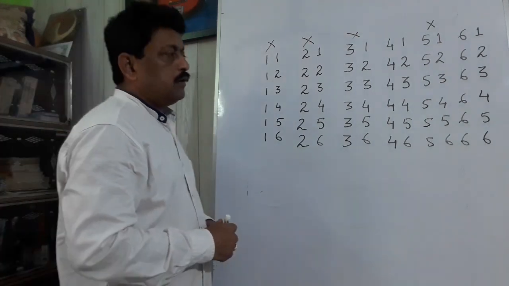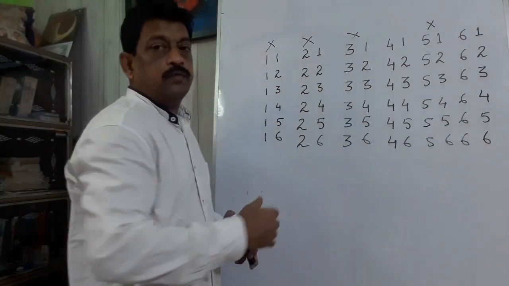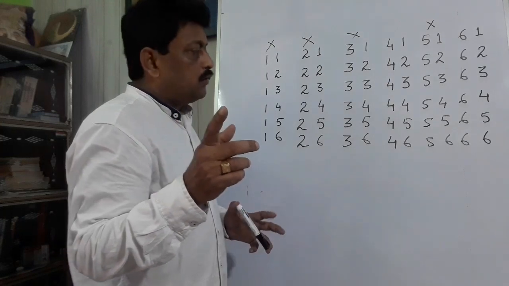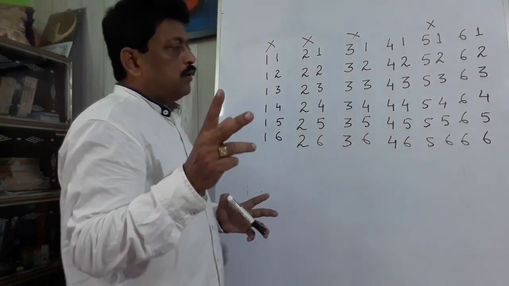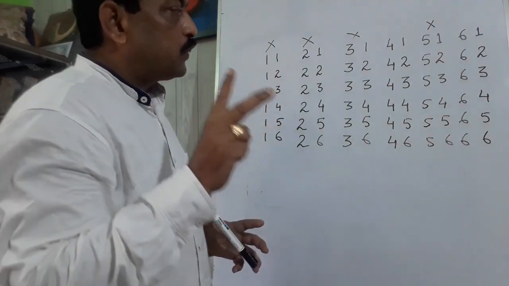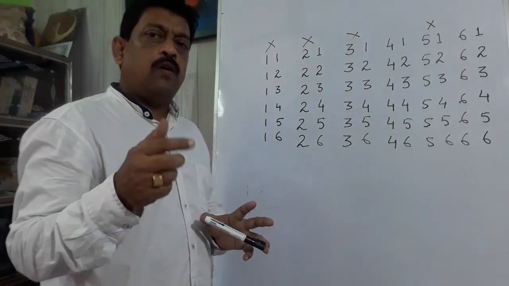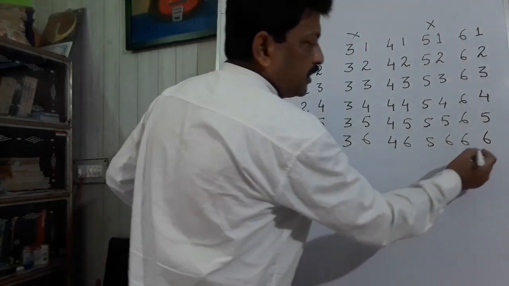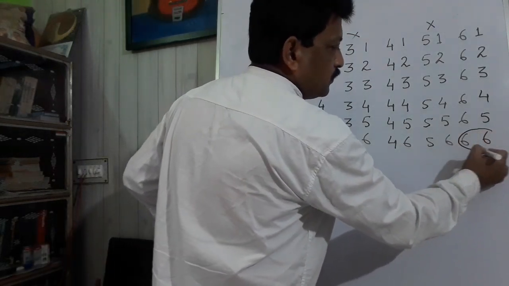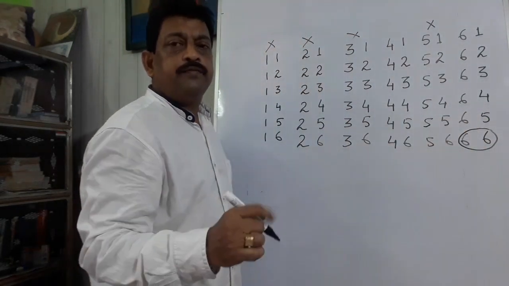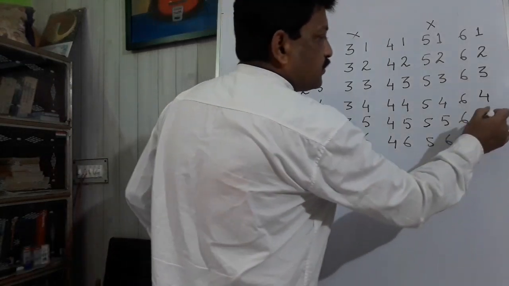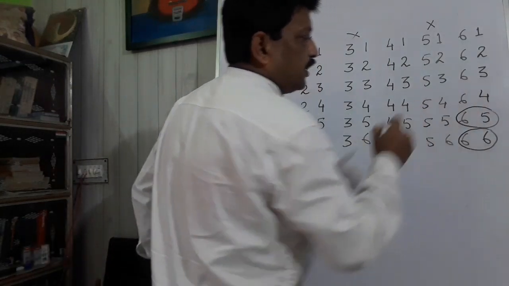Now see, let me come from that side. We want the dice having numbers on the top face such that their sum is either 10 or more than 10. Now let me take this one, 6, 6. What is the sum? 12. So we can take this. 6, 5. It is 11.